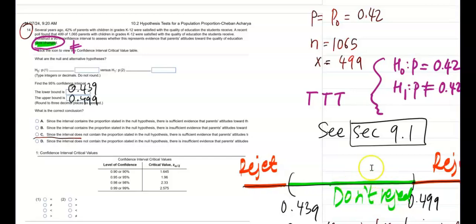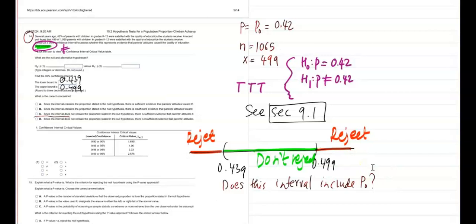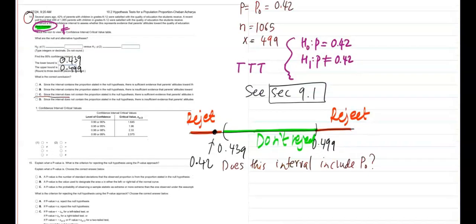In this case, P0 here is 0.42, which is where? 0.42 is here, okay? Since 0.42 is outside the interval, in the rejection region, you reject the null hypothesis. So the answer is C.